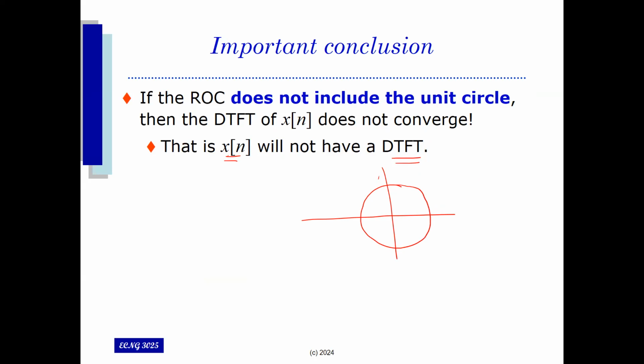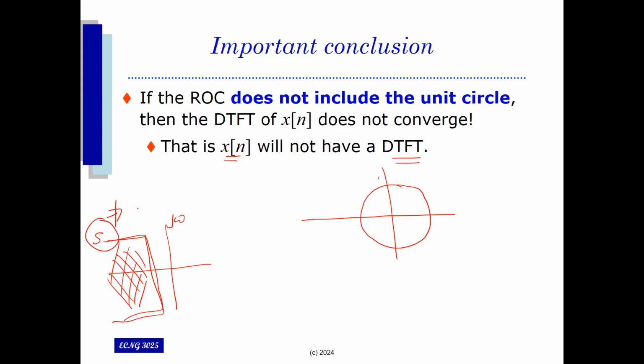Just like if I were to give you some expression in S, and that expression does not include the j omega axis. So let's say the expression is all in a range like here. This is the j omega axis here, and the only place that the expression exists is in some zone that does not include the j omega axis. This expression does not have a continuous time Fourier transform, CTFT, right?